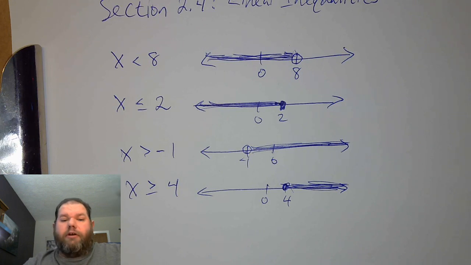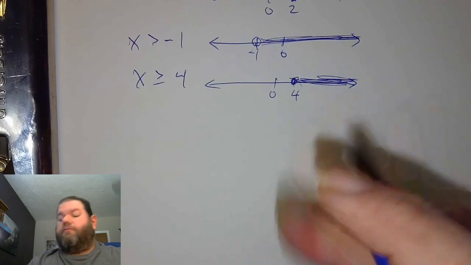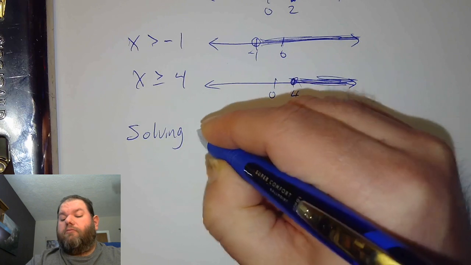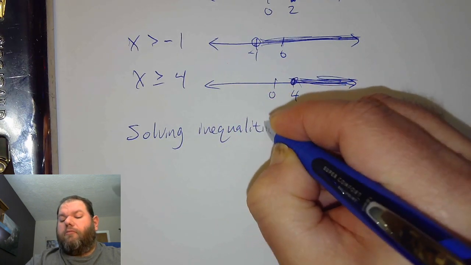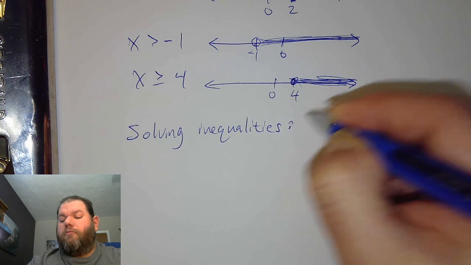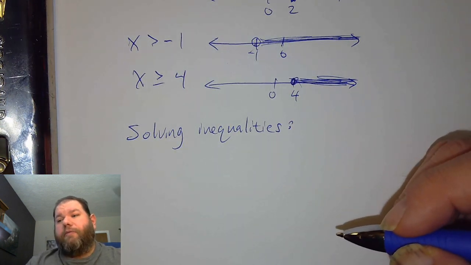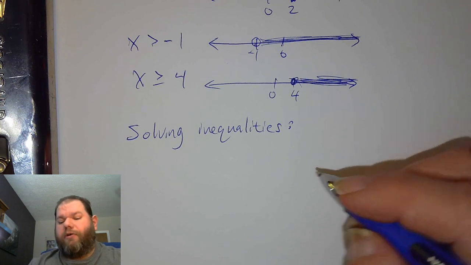Now, when we're solving inequalities, there is one concern in particular that is different than when we work with equations. And that is, specifically, if we multiply or divide by a negative, we change the direction of the inequality.